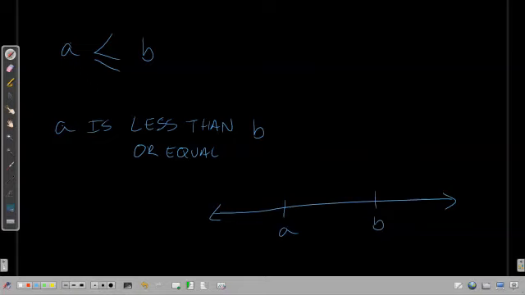For both of them, A is not over here. However, for this one, for A is less than or equal to B, you could have them be the same quantity, and it would still be true.